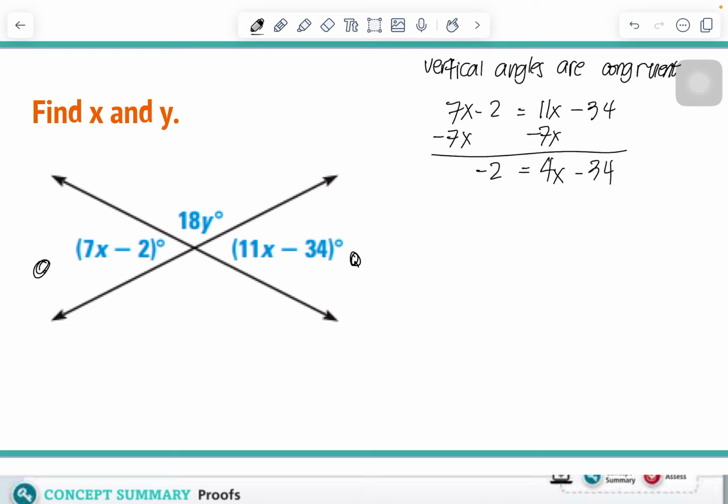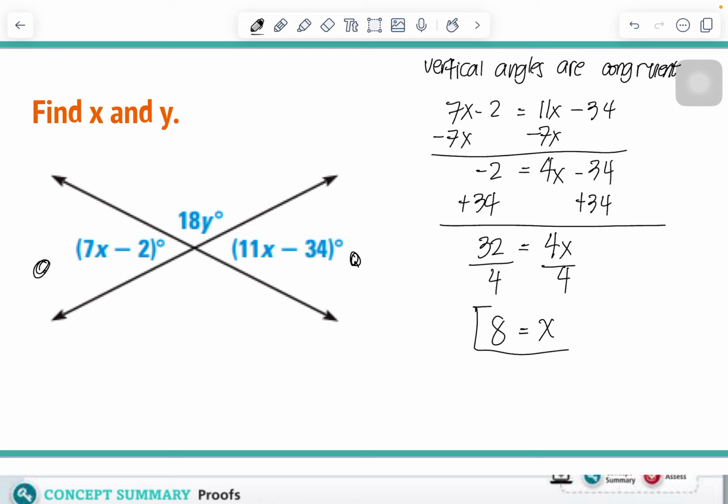Now, you have to add 34 to both sides to have x only on that side. So negative 2 plus 34 will give you positive 32, and then bring down 4x. Negative 34 plus 34 is 0, and then you divide both sides by 4. And so you have there 8 is equal to x. So the value of x is 8.